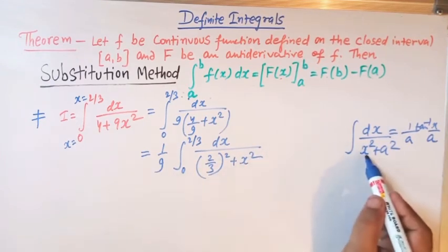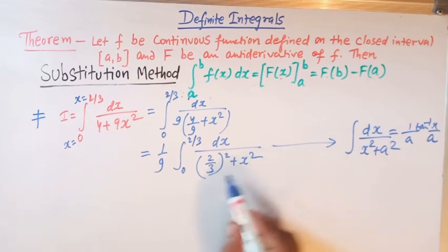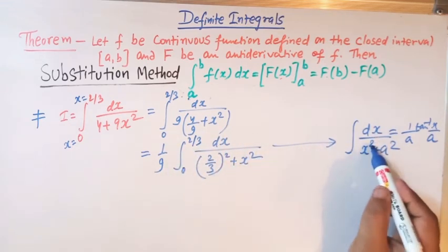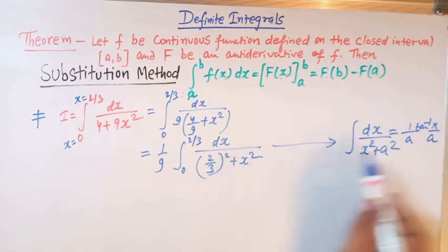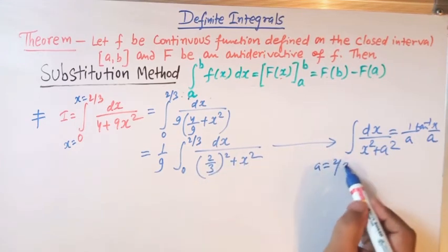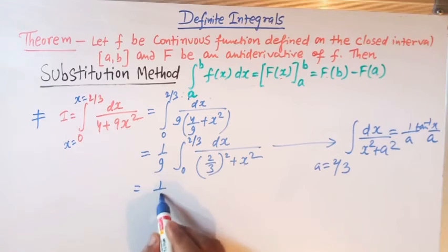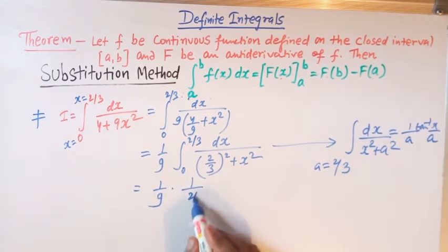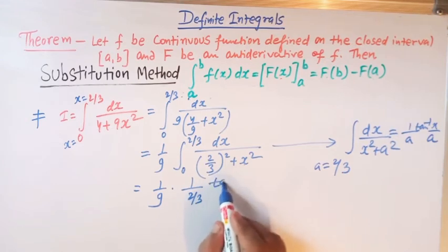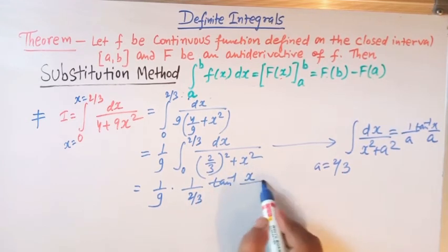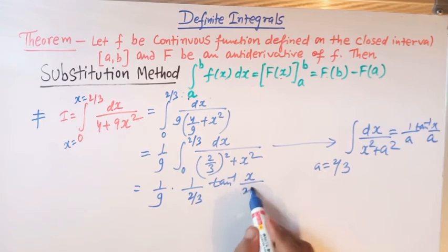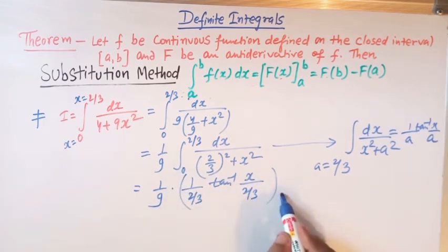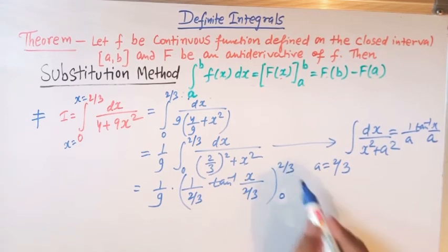And see, this integral is of this type. So this is x square here, and for a we have 2 by 3. So this integral can be written as 1 over a, for a we have 2 by 3, then we have tan inverse, here we have x over a, that is 2 by 3, and the limits are from 0 to 2 by 3.